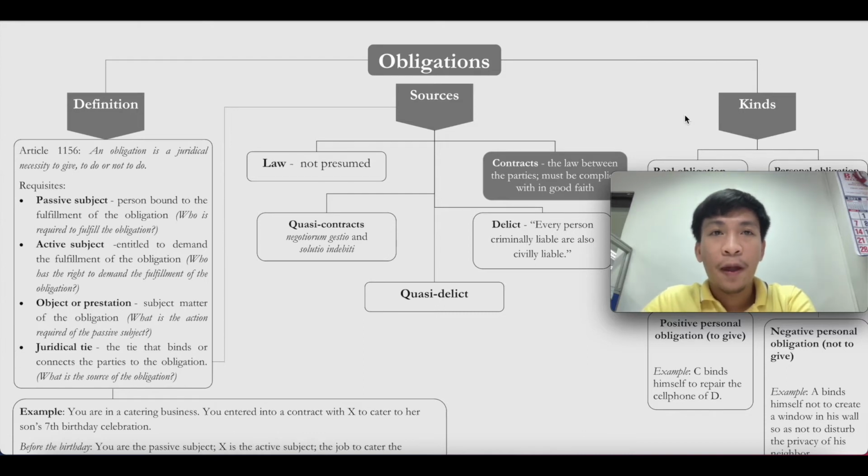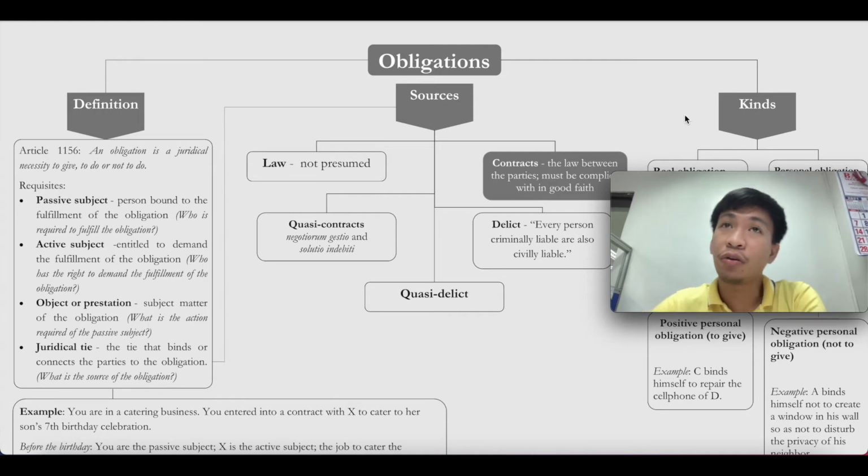And these contracts are binding between the two parties who made them. So yung kontrata, be it oral or written, binding yon sa dalawa o higit pang partido doon sa kontrata. So, in a sense, parang ang contracts na ito ay ang batas sa pagitan ng dalawang tao.